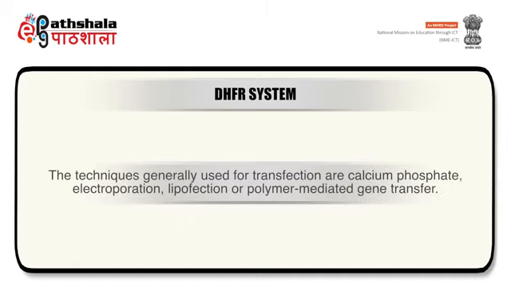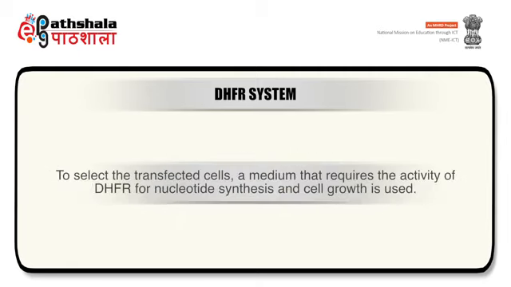The techniques generally used for transfection are calcium phosphate, electroporation, lipofection, or polymer-mediated gene transfer. To select the transfected cells, a medium that requires the activity of DHFR for nucleotide synthesis and cell growth is used.